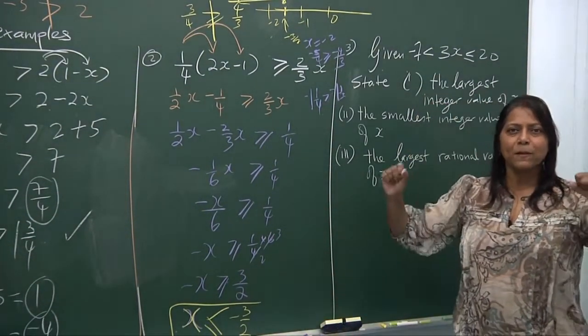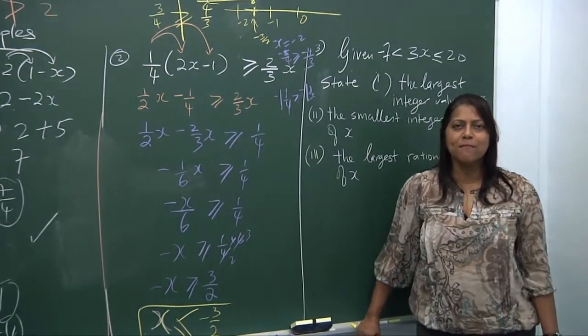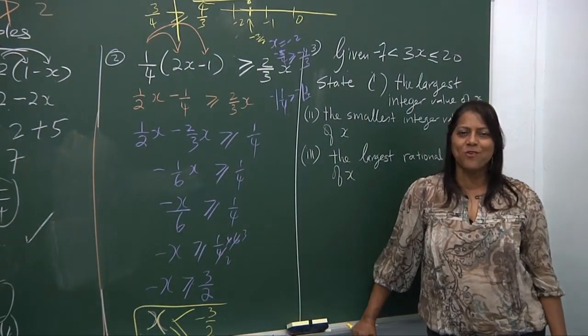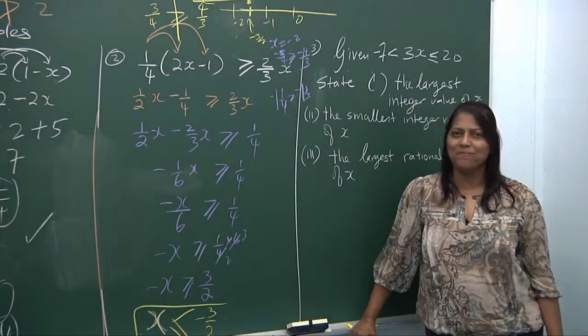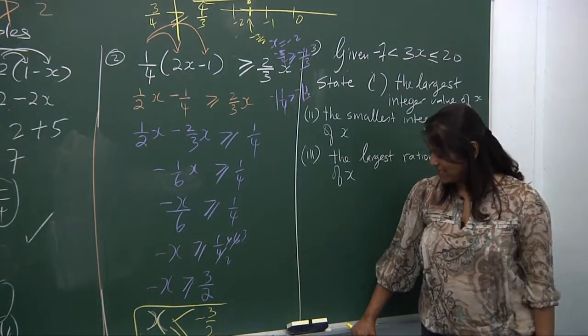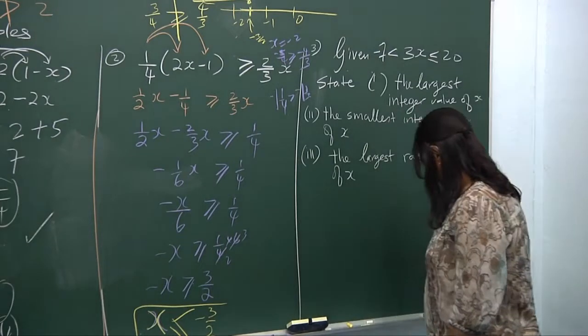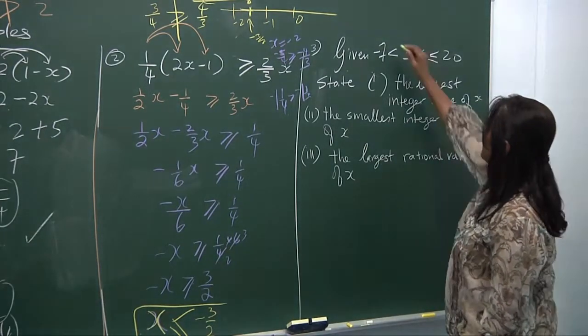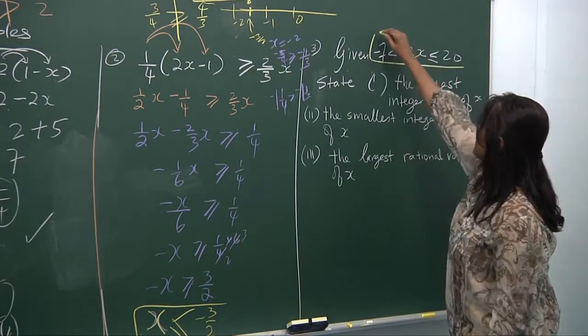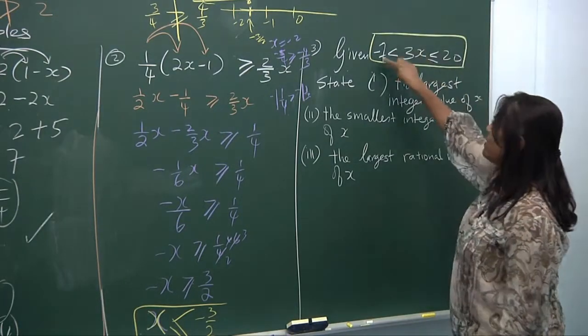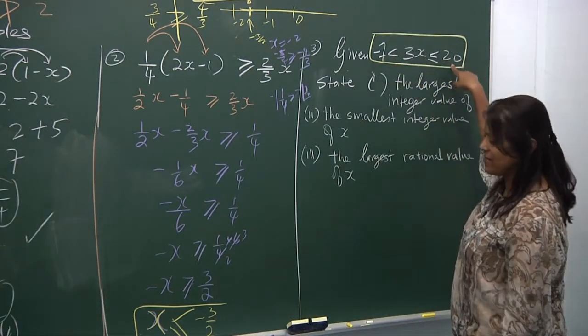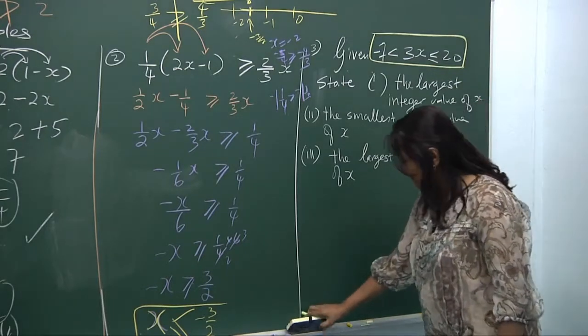Are you alright? Great. Now focus in maths. Focus, focus, focus. Let's look at the next sum. They said x is between these given values. 3x is between minus 7 and 20. What does it mean?